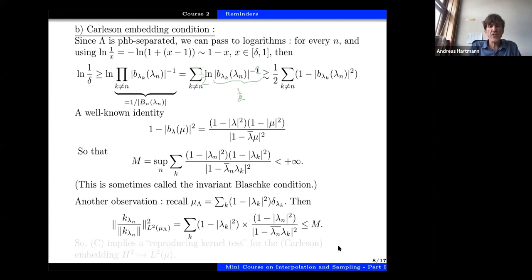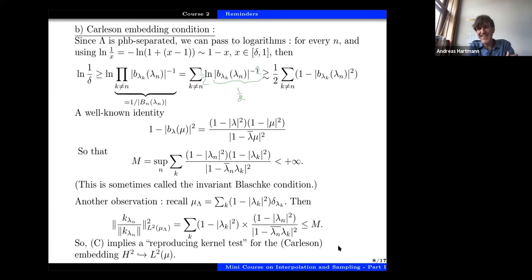So what we have just shown, and those who were awake until the very end of the conference yesterday saw this reproducing kernel test or theorem or hypothesis appearing also yesterday. So in fact, we have just shown that the Carlson condition, this condition C, implies that this sum is uniformly bounded.